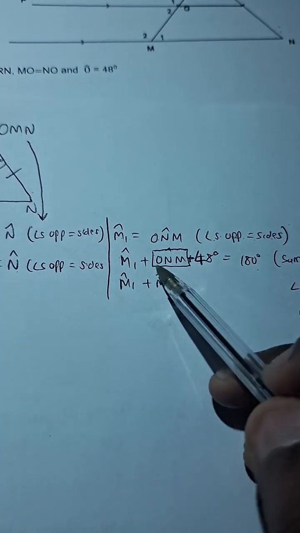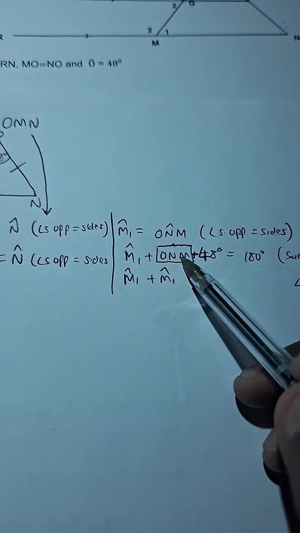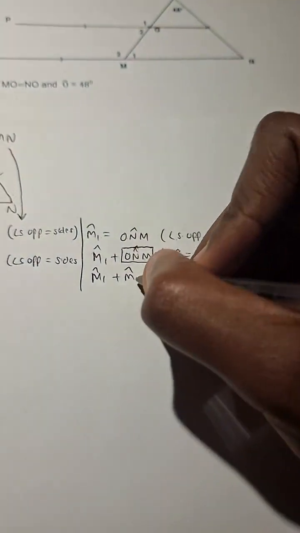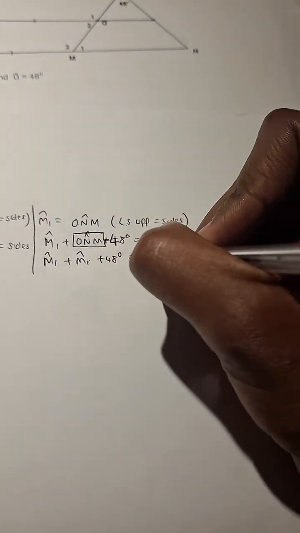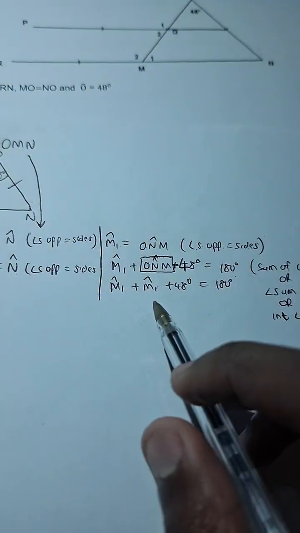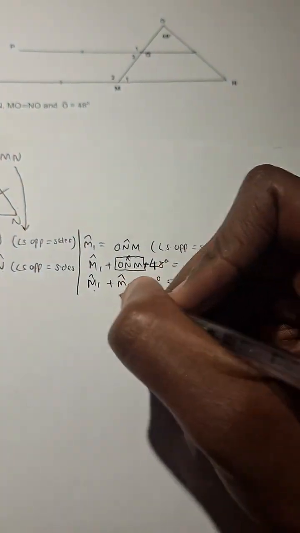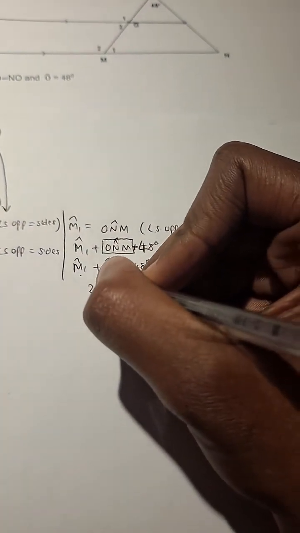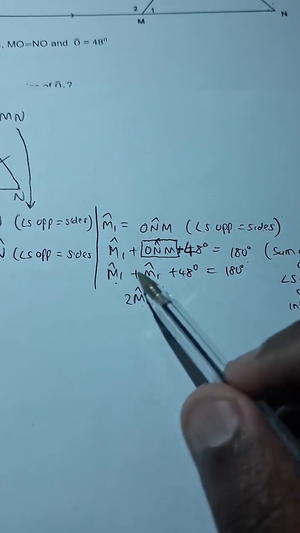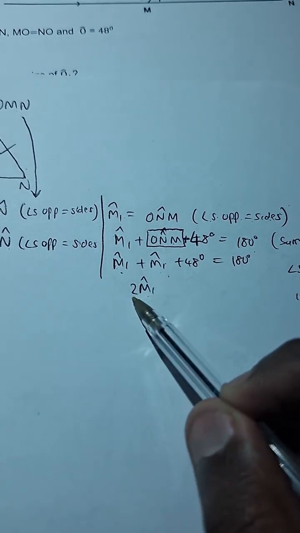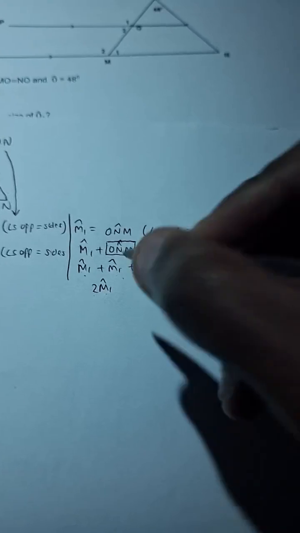So I can replace, in the place of angle ONM, I can replace it with angle M1. Why? So that I can solve for angle M1. Now angle M1 plus angle M1 will give me 2 angle M1.